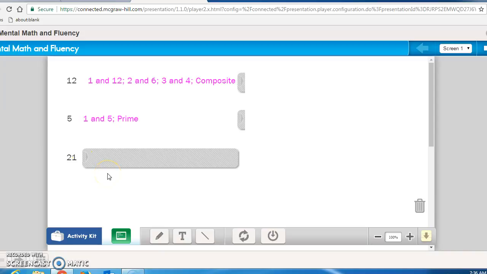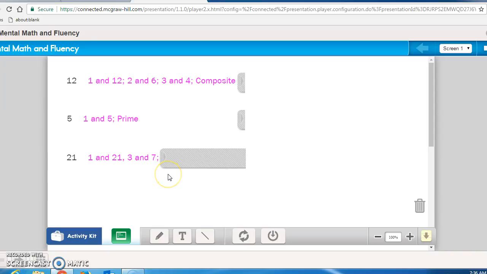And the final number, 21. What factors do you need to get 21? Again, start with the number 1. 1 times 21. Is 2 times anything 21? No. 3 times anything? Well, yes. 3 and 7, because 3 times 7 is 21.